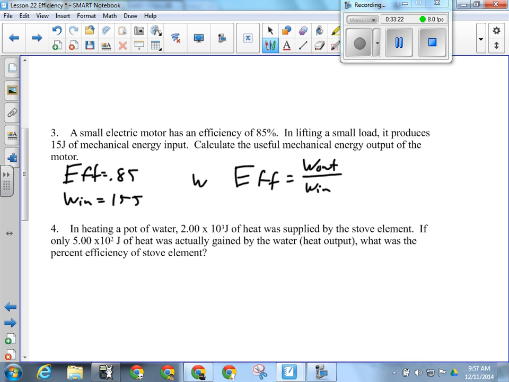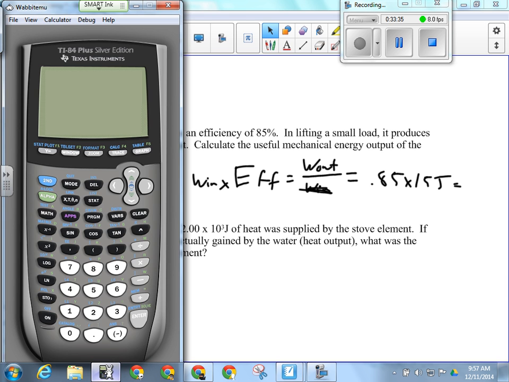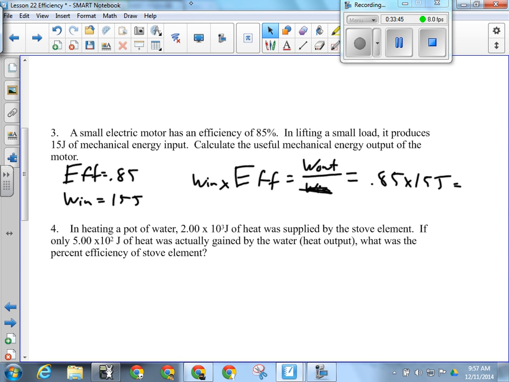So we multiply both sides by work in. That'll give us our work out. All right, so 0.85 times 15 joules. It's going to give us around 12.5 or something like that. 12.75. Okay, so 12.75 joules would be our useful work output.